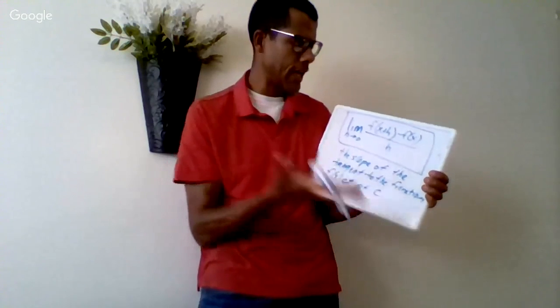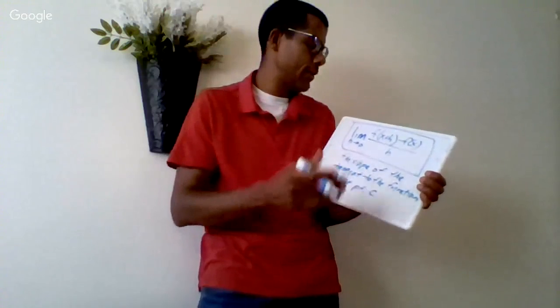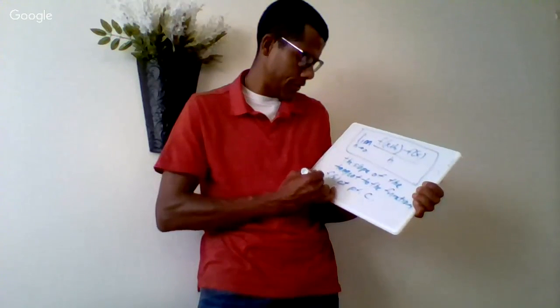At some point, we want to get it right at that point. So this is called the derivative.